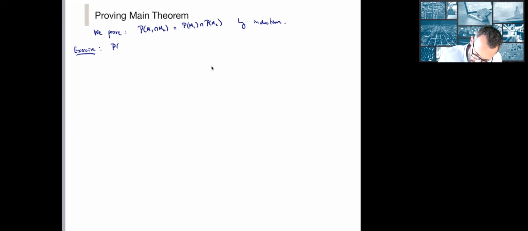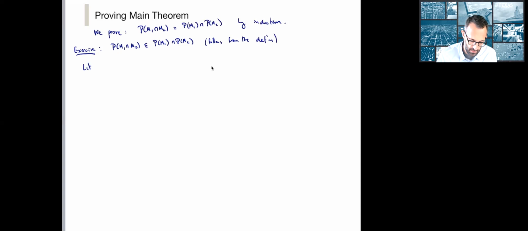The fact that this inclusion holds is straightforward, it really just follows from the definitions. So this exercise is just to make sure that you have the definitions straight. So we're going to focus on the reverse inclusion.